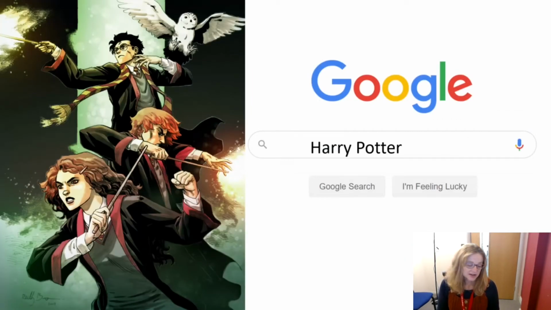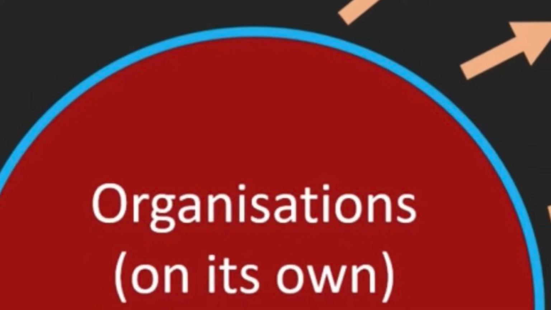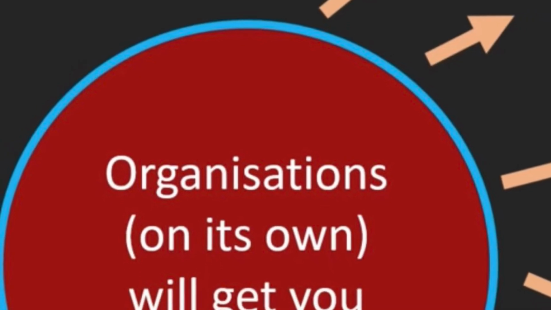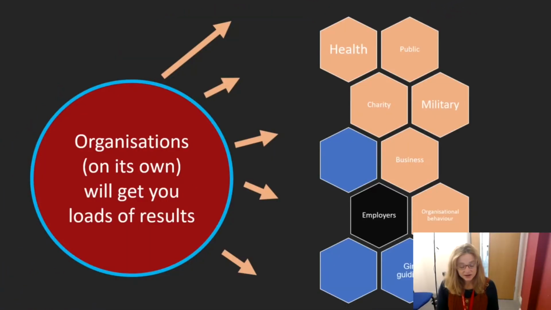So for example, when searching for Harry Potter films on the internet, most people add film to their search to bring up information about the movies. So if I just typed in organisations, what do you think would happen? That's right, it would get you loads and loads of results. Articles with organisation in them is huge, and look at the content, how they're about similar things.